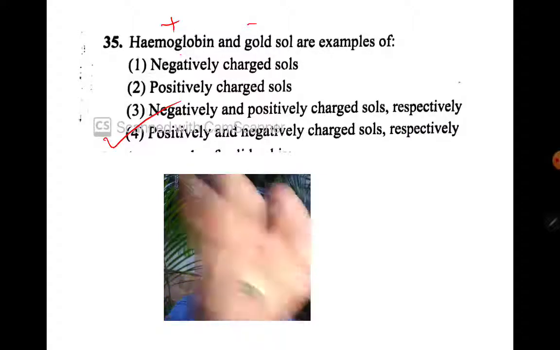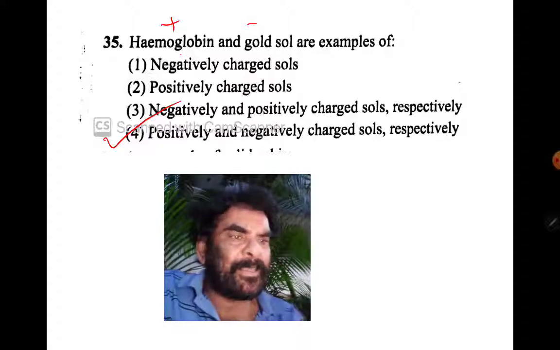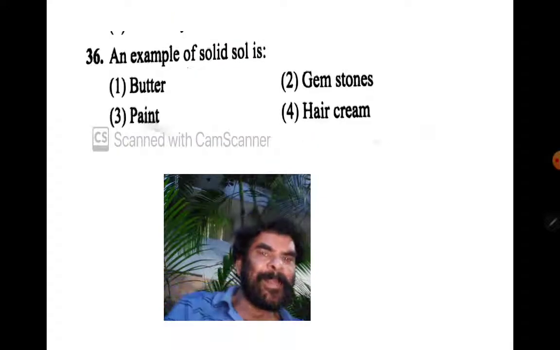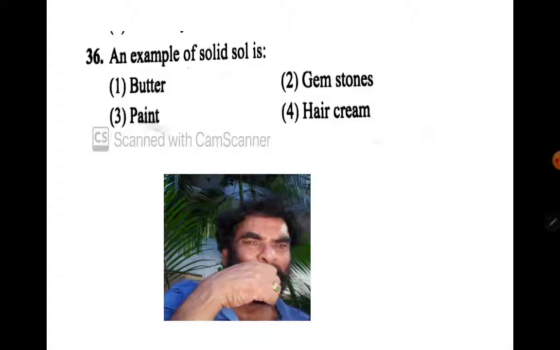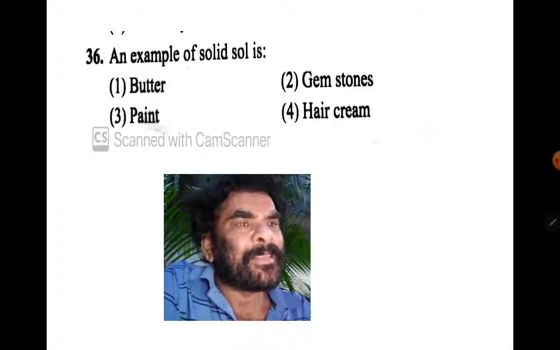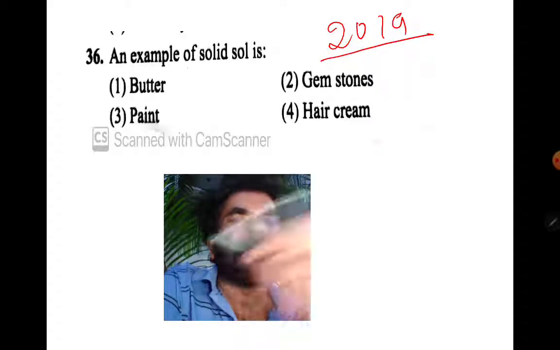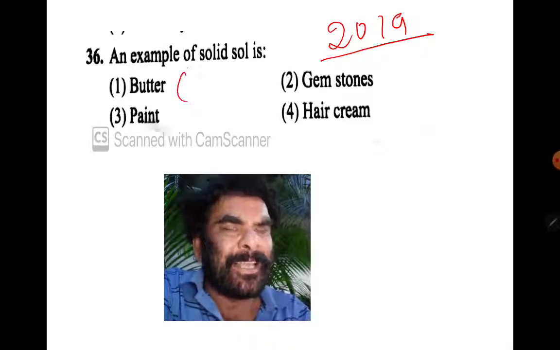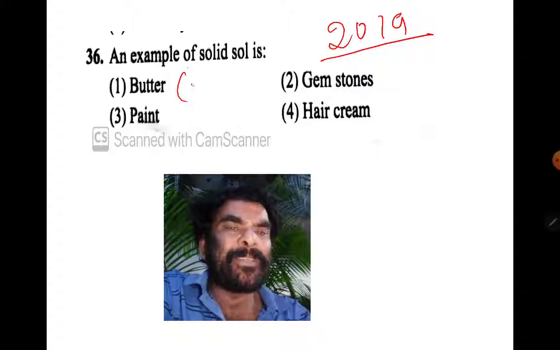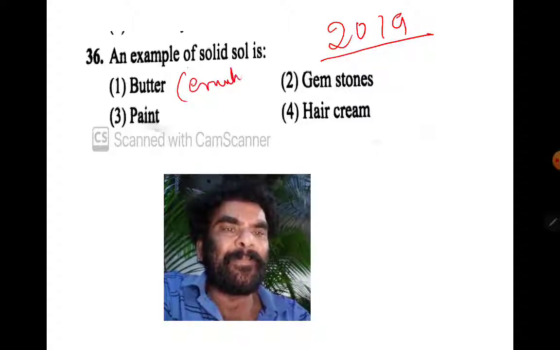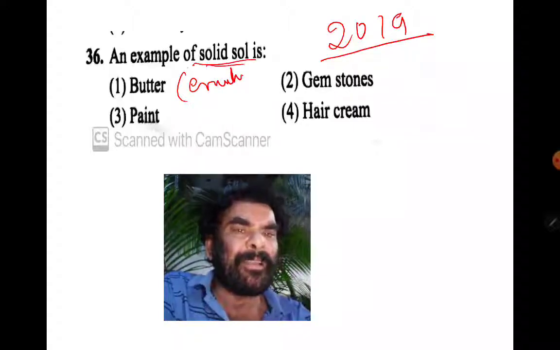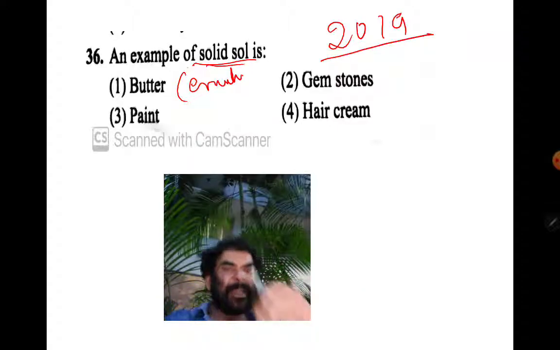Very simple, and the information itself is a theory we discussed. And this is also a very simple question from 2019, just information oriented. Butter is an emulsion, liquid in liquid type.